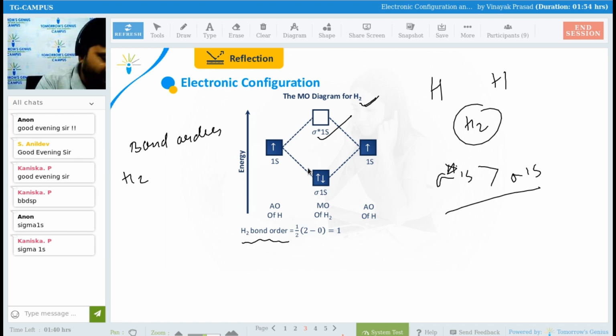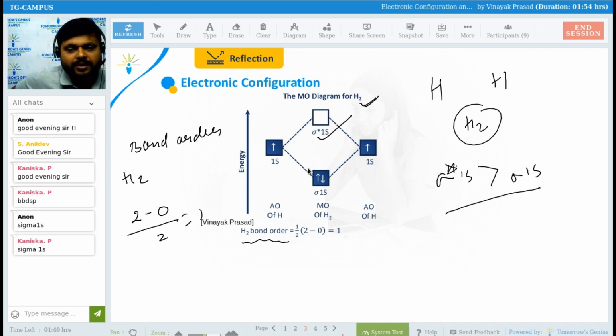So the bond order will be 2 minus 0 upon 2. What do you say? It will be 1 only. So how will this be 1? Can you please tell me?